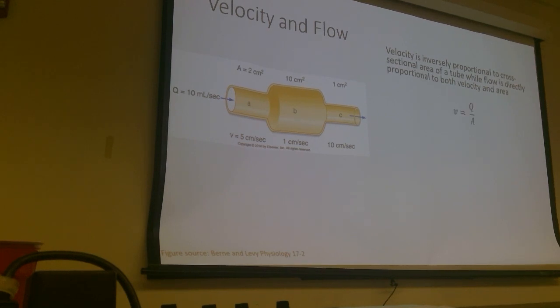Or in math terms, V equals Q over A. Don't ask me why they chose Q for flow, but that's what they use. So Q equals flow, lowercase v is velocity, and the big A is cross-sectional area.